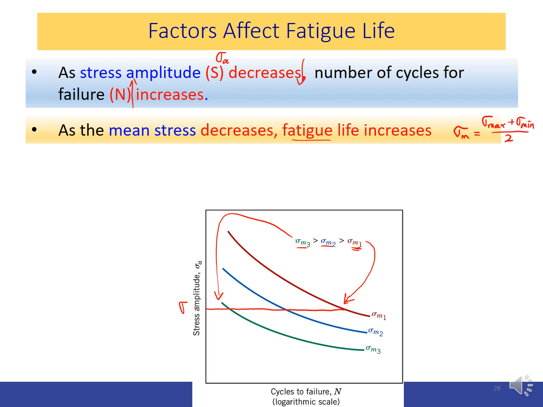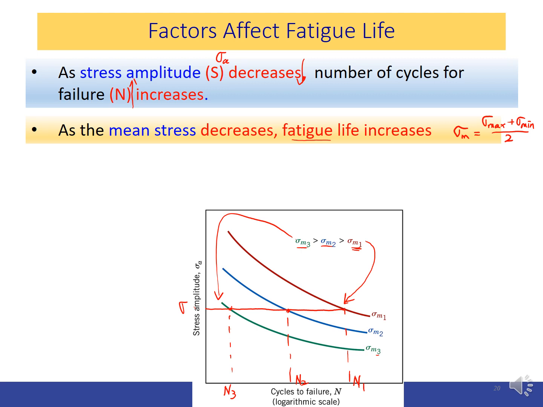Now the life or the cycles to failure is N3 for the mean stress of sigma 3, and N2 corresponds to a mean stress of sigma 2, and N1 corresponds to a mean stress of sigma 1.